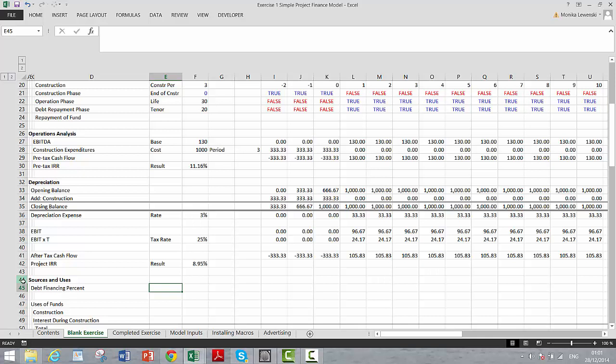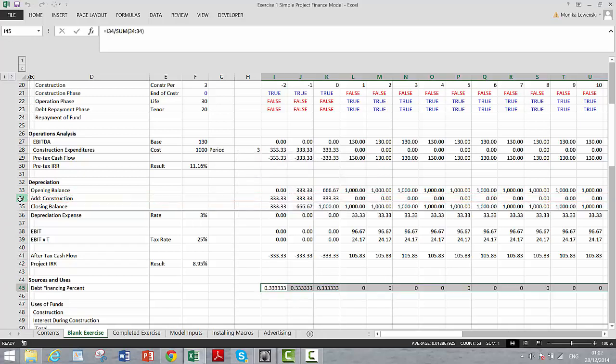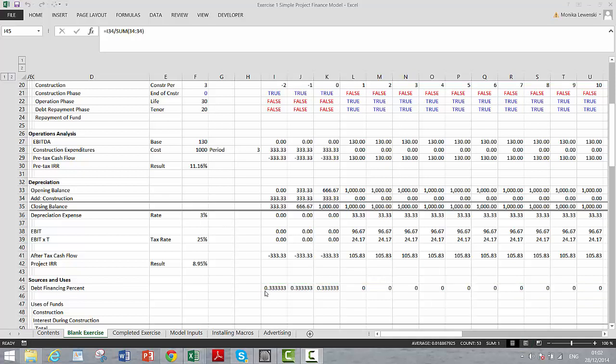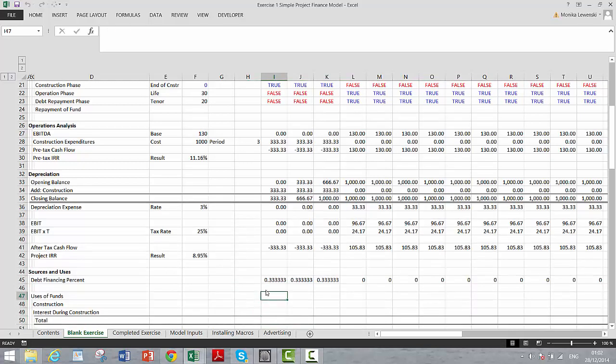Now, for the debt financing percent, this is not very good, but we'll take just the capital expenditures, use this one and divide this by the sum of the entire line. As long as there isn't anything else in there, that's fine. Shift Control R. When you do a sum, that adds to 1. Then we'll put our construction in, and then the interest during construction.